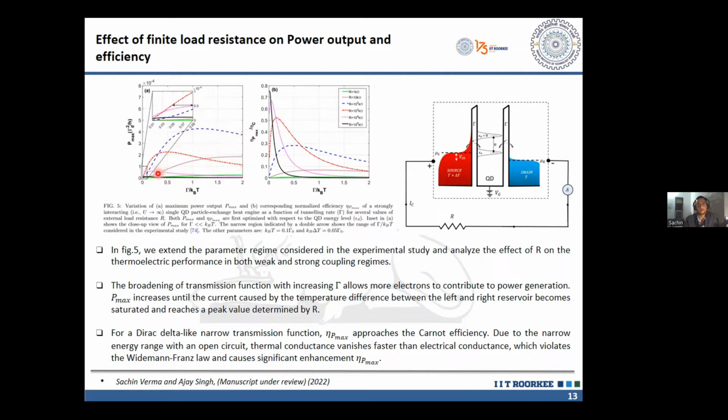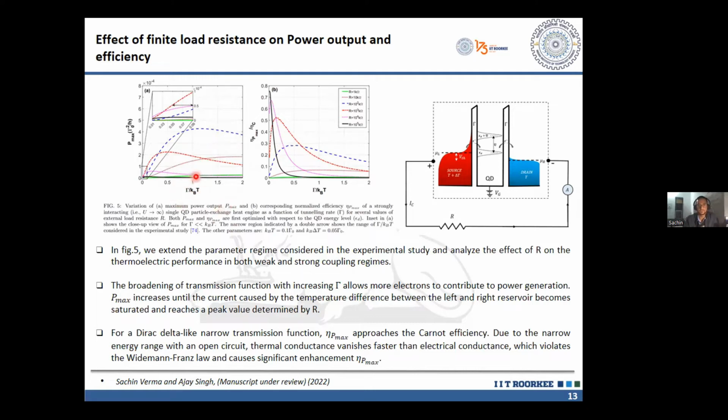It was considered that at large gamma by kBT, the power output or efficiency is very small. But we have found that if we choose this external load resistance correctly, then one can have a finite power output and finite efficiency even at large gamma by kBT.